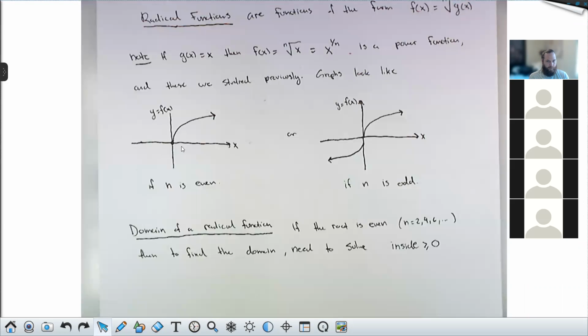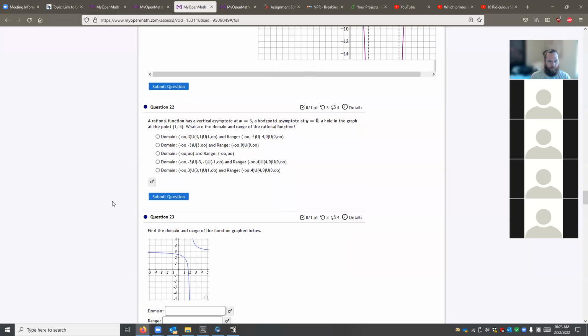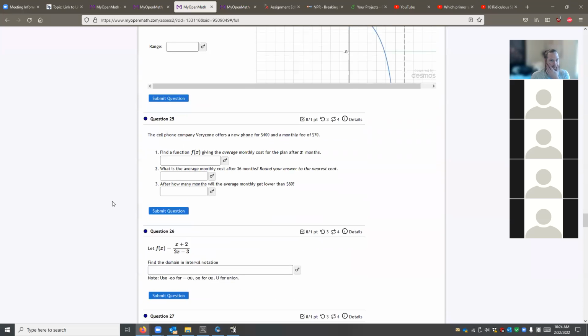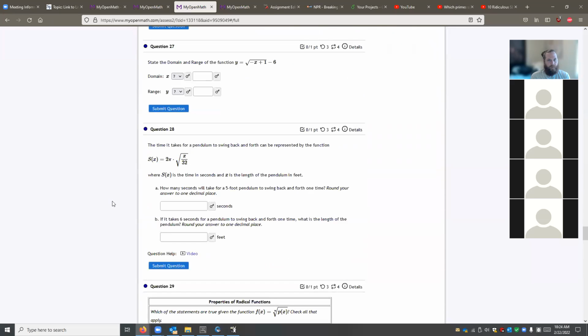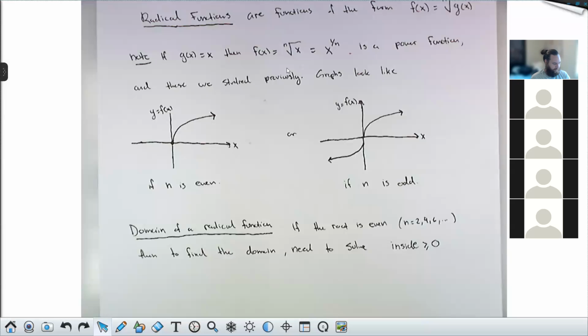So let's grab something out of your homework. Let's grab one of these that looks a little scary and see if we can do it. So we want to find the domain and the range of this guy. That sounds fun. So it's y equals square root of negative x plus 1 minus 6.